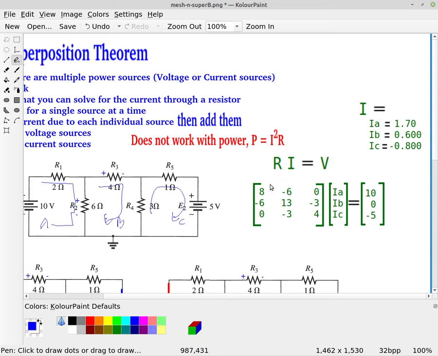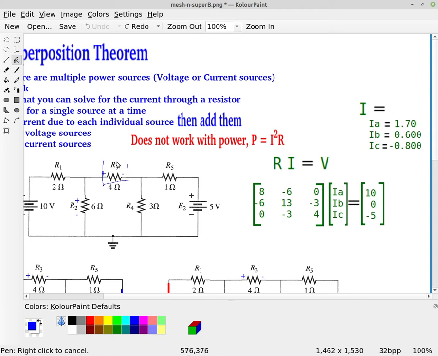I've applied mesh analysis. I've come up with my resistive matrix and my voltage matrix for both sources. Now I'm considering both sources here. So I've solved these, and I find that the current in loop B, for instance, turned out to be 0.6 amperes. Okay, so it's 0.6 amperes. And so if we look at that, then we see that the current in loop B is this current, and so just pick this resistor.